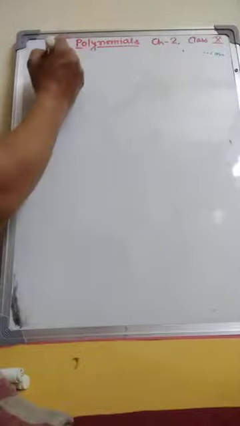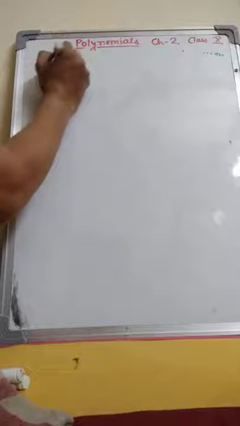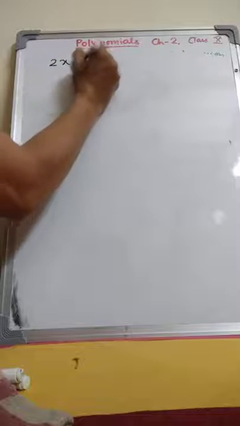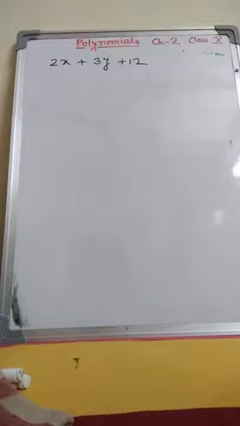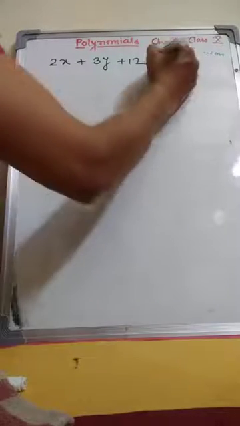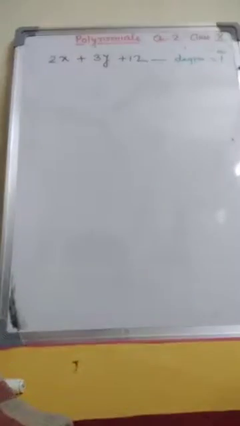Now the first one is 2x plus 3y plus 12. We have to find the degree. Here the degree is equal to 1 because this is 1, this is 1.